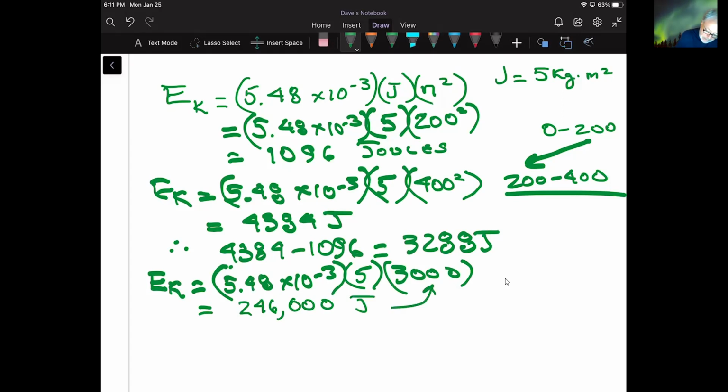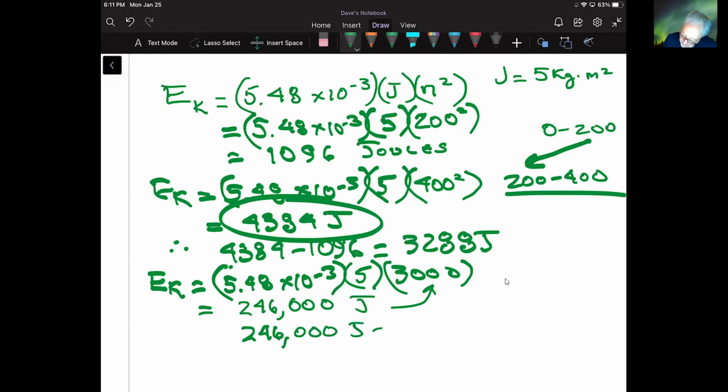Okay, that's for 3,000. And then what I'm doing is bringing it down to 400. I don't need to calculate 400 again because I know that value is there. So what I'm going to do now is take 246,000 joules and subtract the 4384 joules from that. The difference between those two is 242,216 joules.